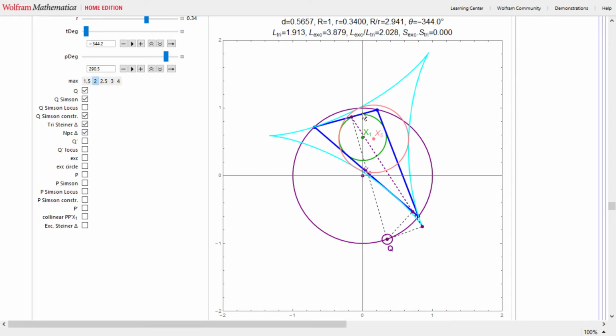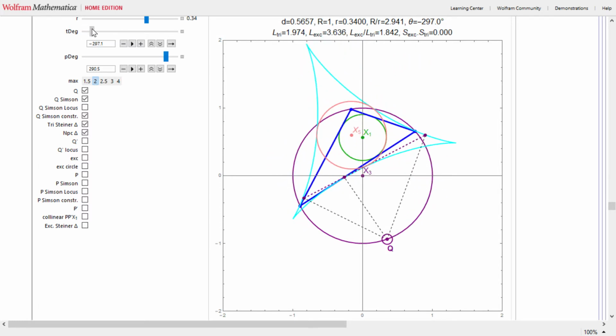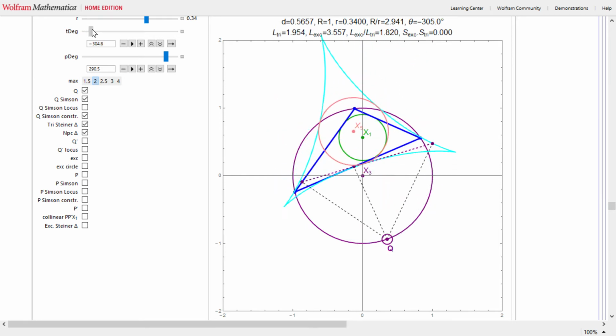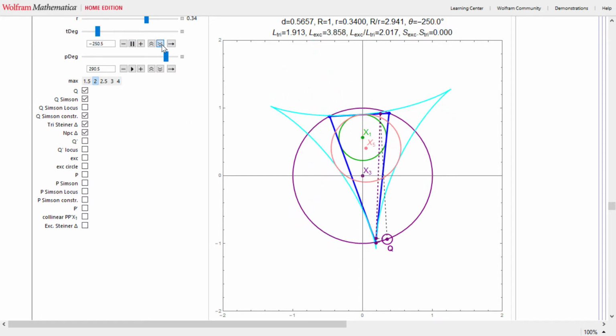You can see that it's internally tangent, and if I move my triangle around, of course the whole system moves, but the size of this deltoid won't change because the radius of the 9-point circle is 1/2 the radius of the circumcircle. So since the circumcircle is fixed, the radius of the 9-point circle is fixed, and this whole object is simply rotating and translating rigidly about X5, the center of the 9-point circle. So you can see that phenomenon there.